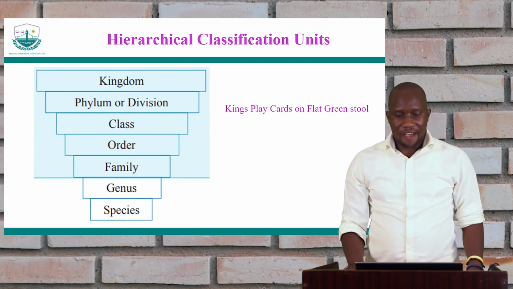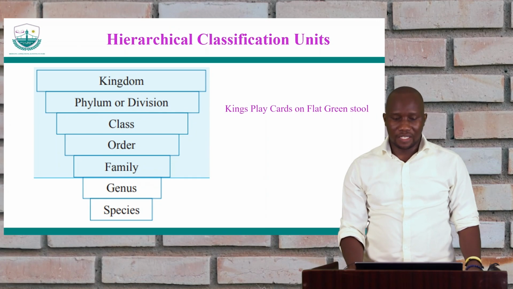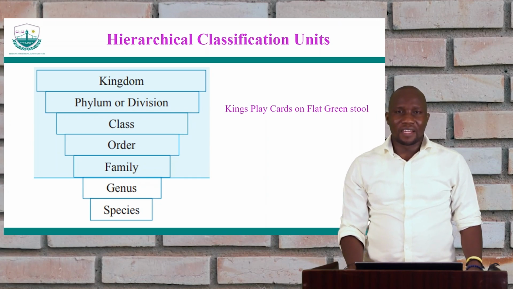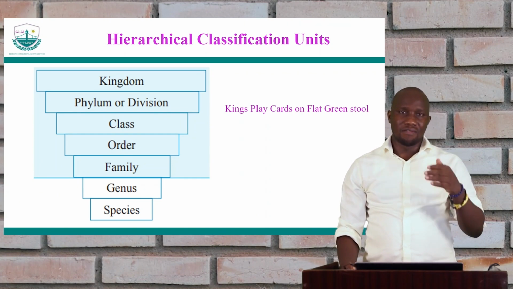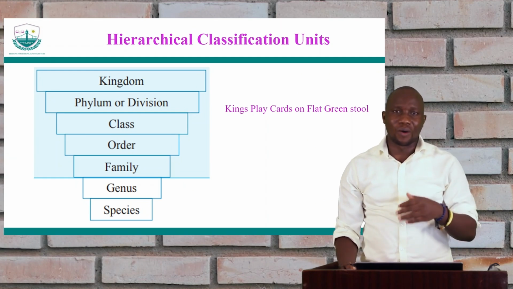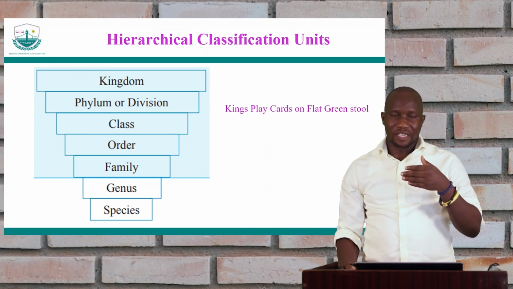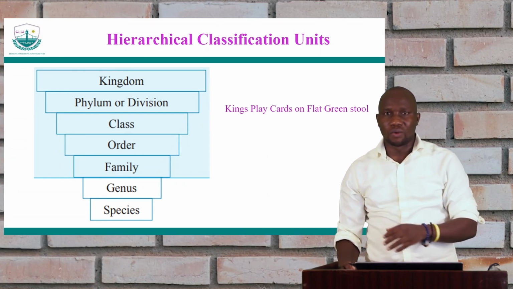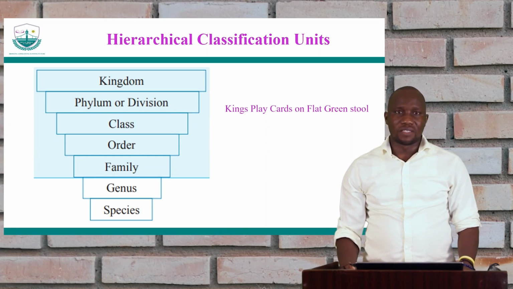So we have what we call the hierarchical classification units. Remember the example about the national ID. On your national identity card, you have the different levels of where you belong in terms of the country, the state, the county, and so on. It's the same thing we do when we are classifying organisms.